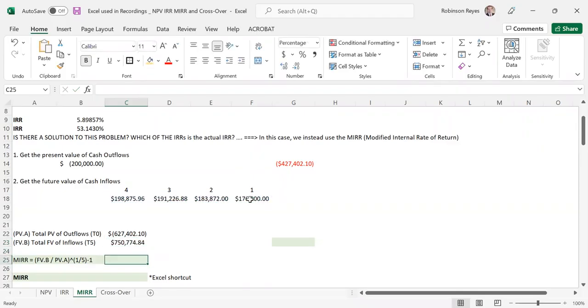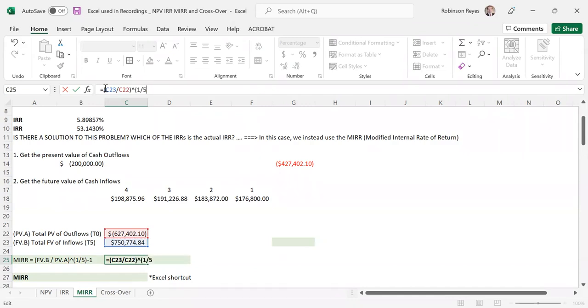Okay, and now we can use this formula of the compounded annual growth rate, which is basically this future value that we calculated divided by the present value. Once we do this, we raise this to the power of 1 over n, which is 5 in this case, and then minus 1.